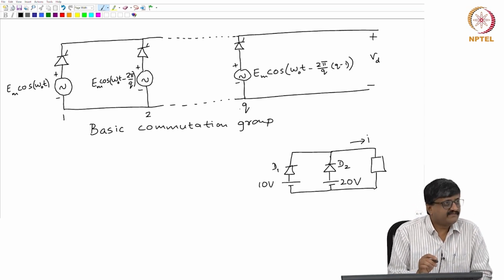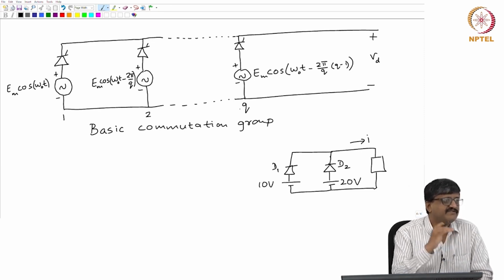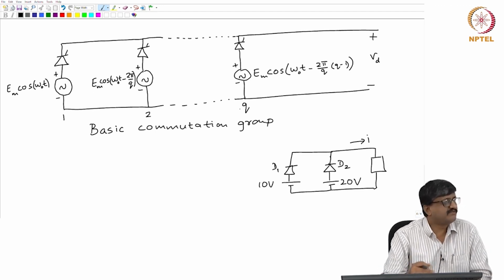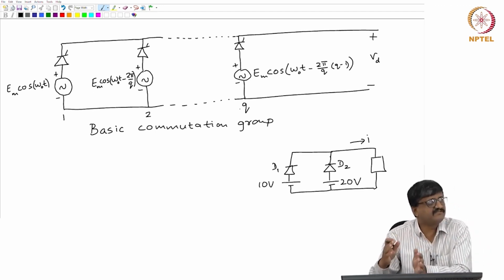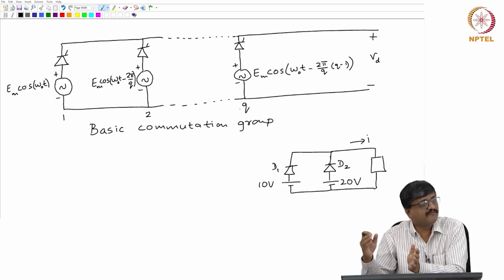Now, the idea here is no two voltages will have the same phase angle. The purpose of having different phase angles is to reduce the pulsations, to get a waveform close to DC. If I have many such basic commutation groups in series and many such series combinations in parallel, there are many voltage sources.